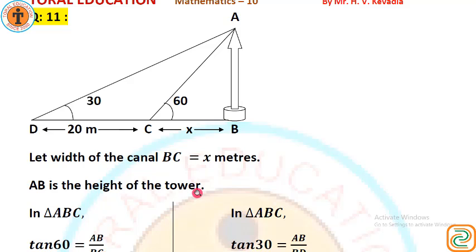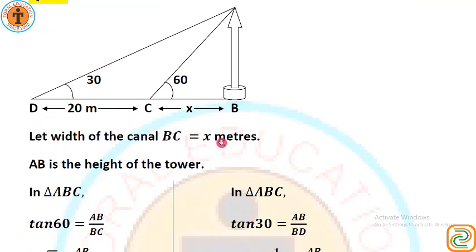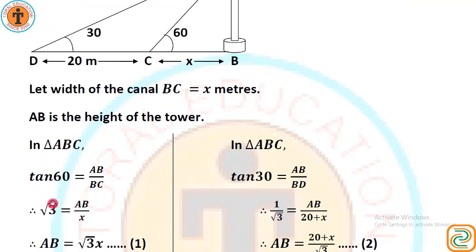Now we have two triangles, ABC and ABD. First ABC: tan 60 equals AB upon CB. tan 60 is root 3, so AB equals root 3 x.